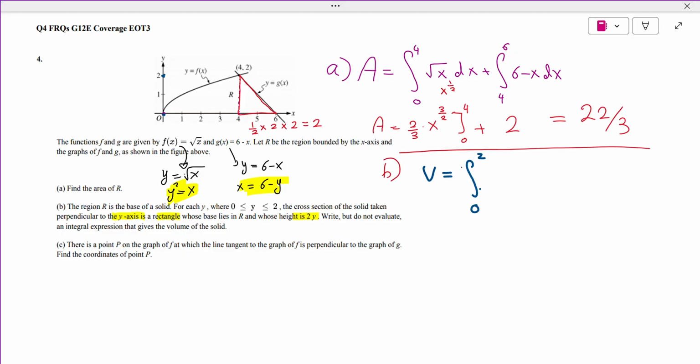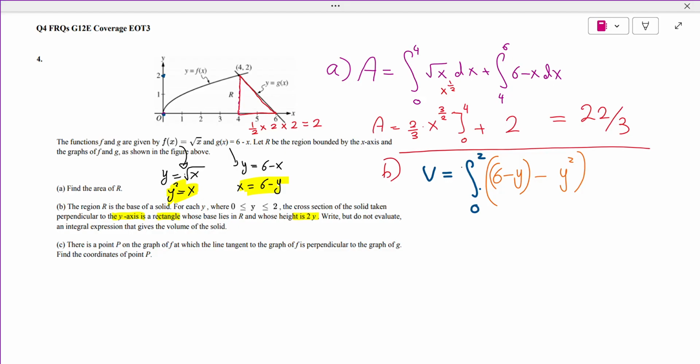It will be the g of x, which is going to be 6 minus y, minus the inner function, which will be f of x, which is y squared. This is the width of the rectangle.